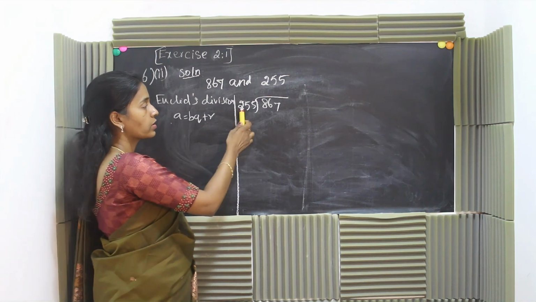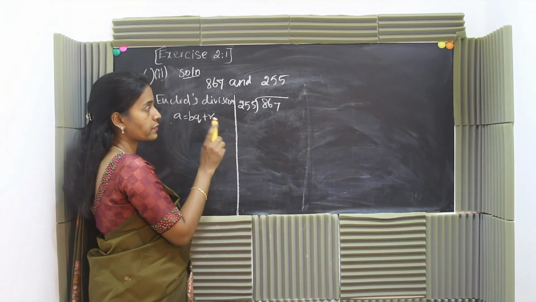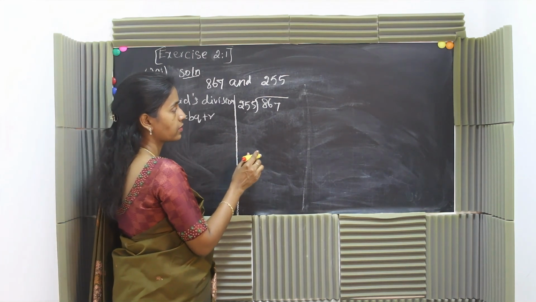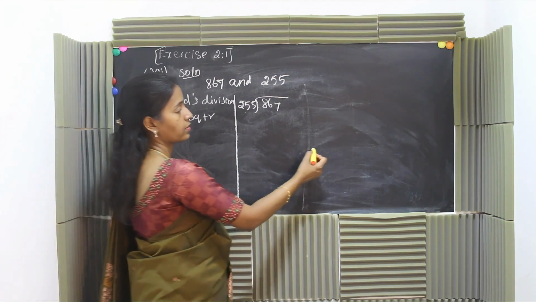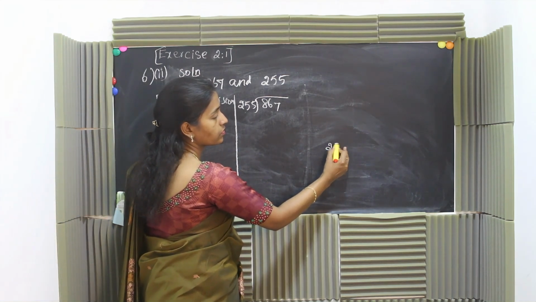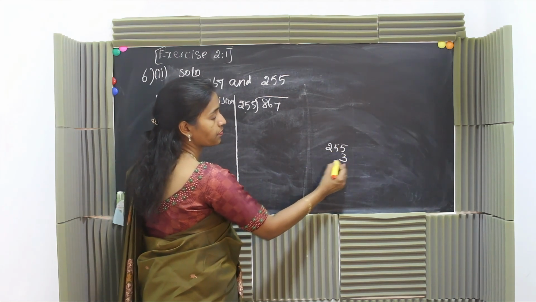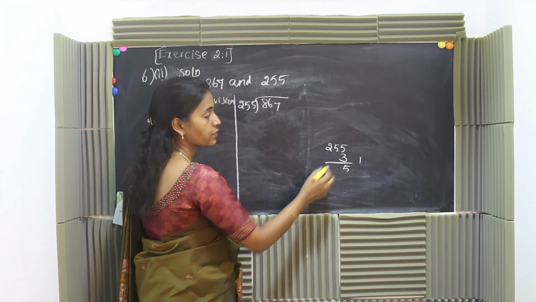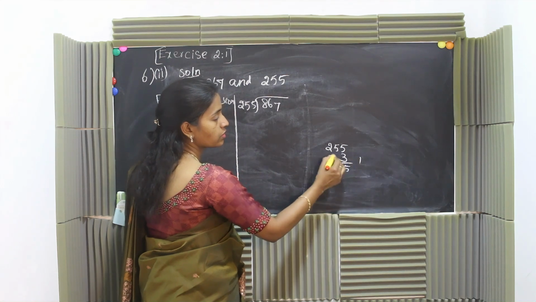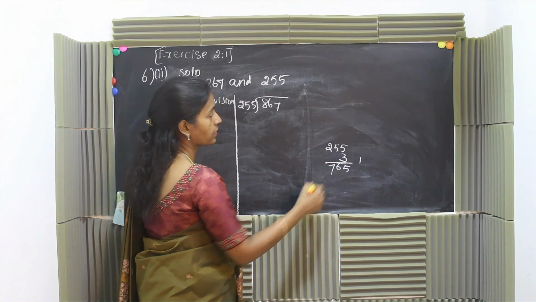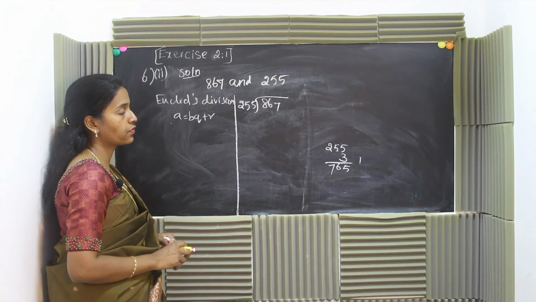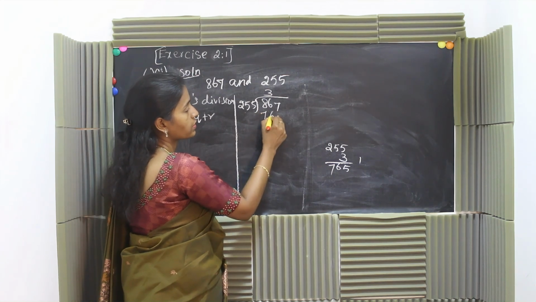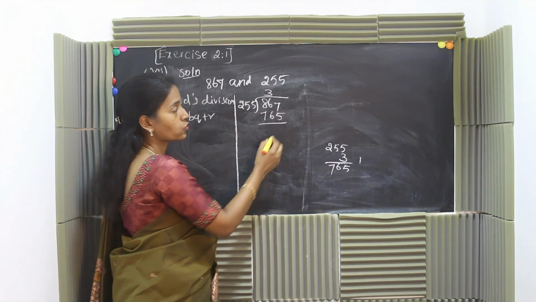So here 1 into 255, 255. 2 into 255, 510. So we can multiply 255 by 3. 3 into 255, 765.